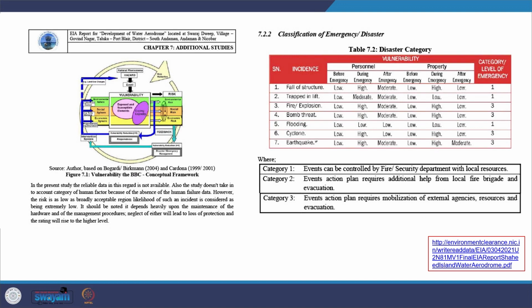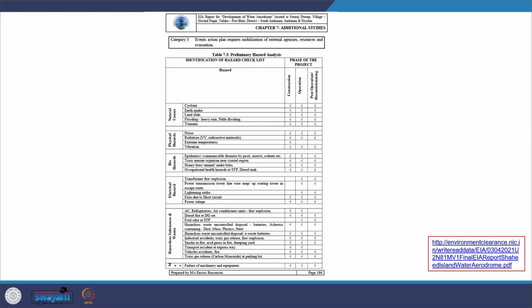You can see the disaster category. They have created the table here, and they have also identified the vulnerability here. You see the preliminary hazard analysis that they have done here. So that has also been presented here: natural causes, physical hazard, biohazard, electrical hazard, hazardous substance, and waste, and the phase of the project in which that is likely to happen.